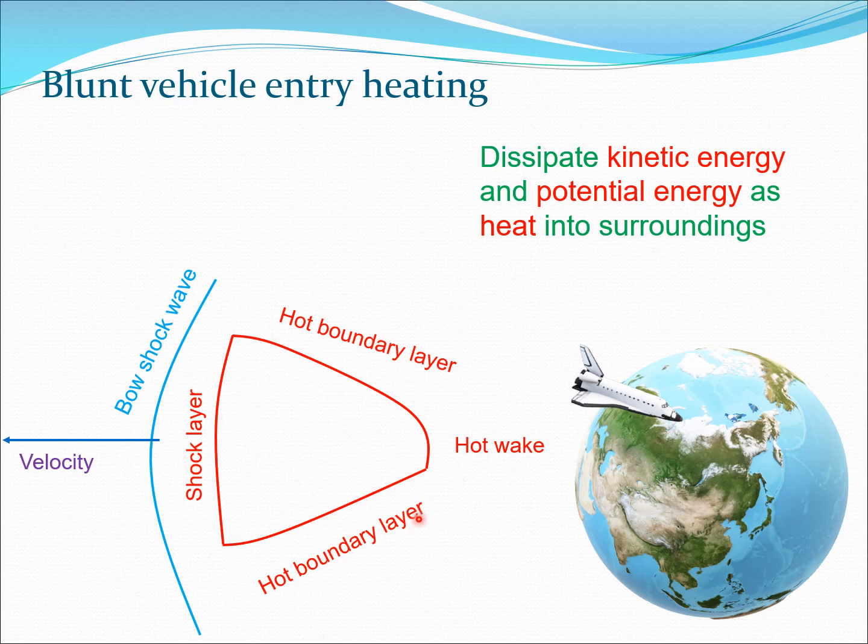So these are all going to be hot regions. There's going to be a lot of radiation taking place here also. Now, this body essentially travels with this very high velocity, and the bow shock acts somewhat like a shield to this body. So we are going to see why this body has to be a blunt body and should not be something like a supersonic fighter jet with a pointy nose or pointy needle in front.